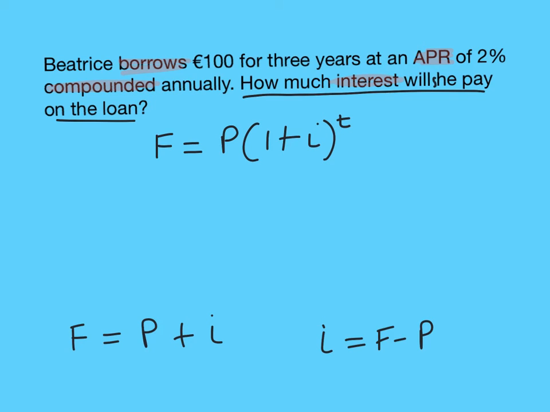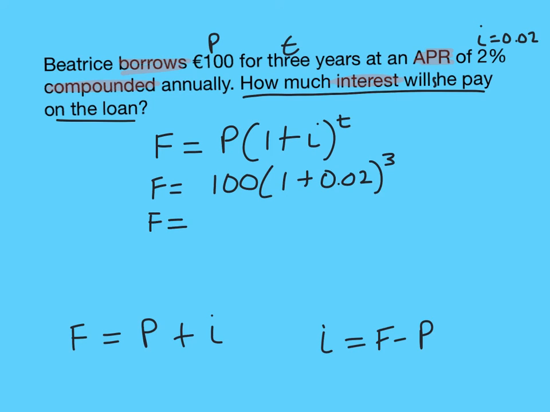Okay, so what you should have gotten here, F equals, principal is 100, 1 plus, so I should have labeled these first. P, this is my I, which is going to be 0.03, and my T is 3 years.